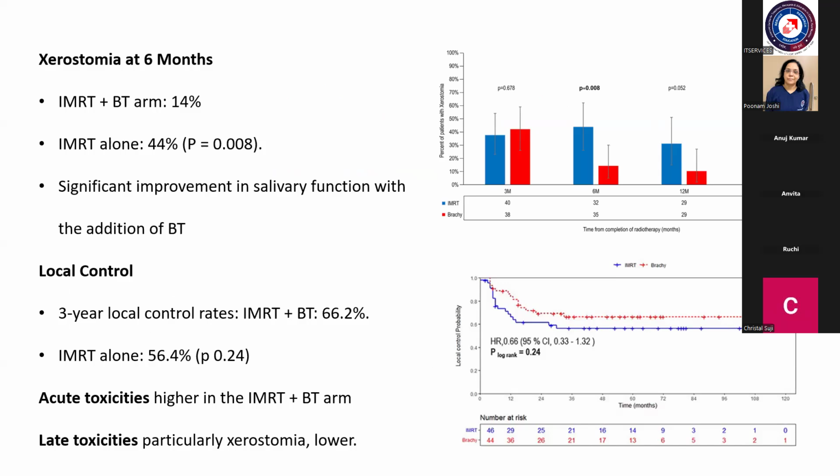For local control, the 3-year local control rates were not statistically significant. It was about 66.2% in the IMRT plus brachy arm and about 56.4% in the IMRT alone arm. The acute toxicities were higher in the IMRT and brachytherapy arm, and the late toxicities, especially xerostomia, were lower in the brachytherapy arm.